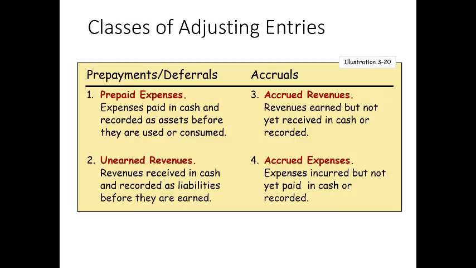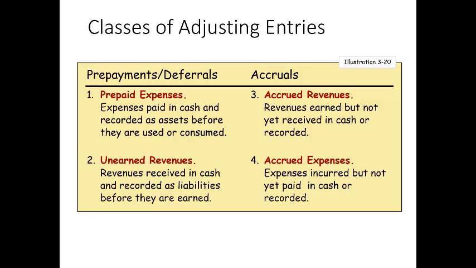There's prepayments or deferrals, and there's accruals. In some cases, these are instances when cash and expenses or cash and revenue don't line up. So prepaid expenses are when we might have expenses that are paid in cash before we actually incur the expense.